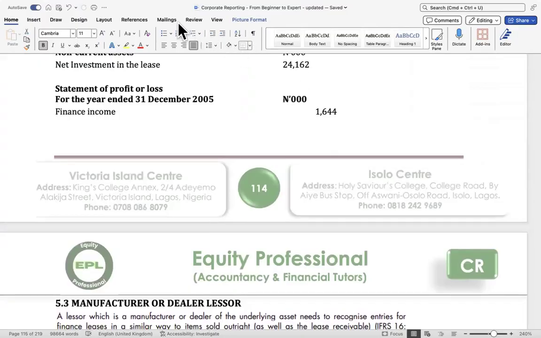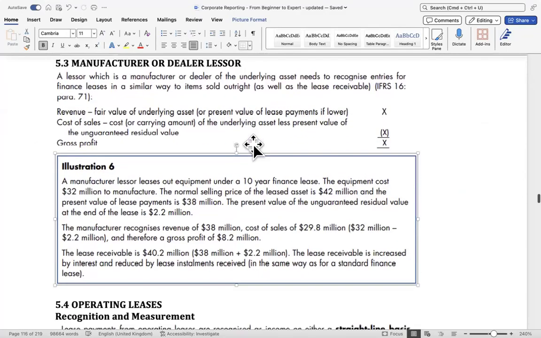Yes, I'm looking at it that since the lease period is over a 10-year period, and now we are recognizing the income as a manufacturer lessor in the first year of the lease, are we not supposed to spread it throughout the years of the lease, or is it because it's irrevocable and the lessor will bear the cost of breaking the promises or not complying with the terms and conditions of the lease?